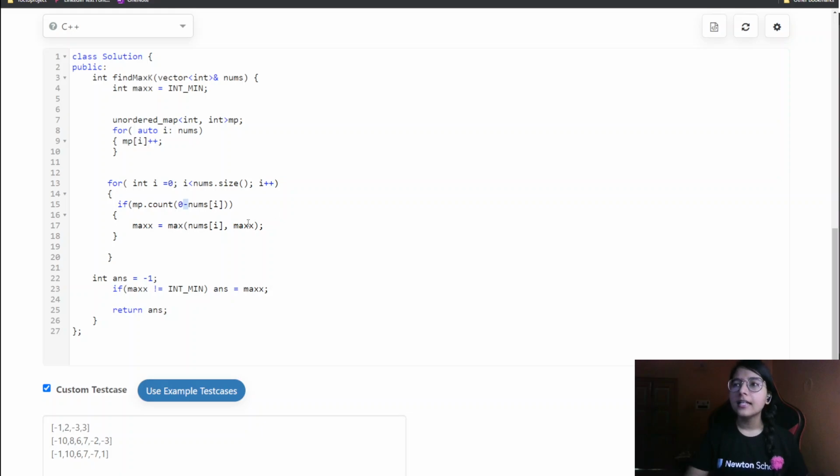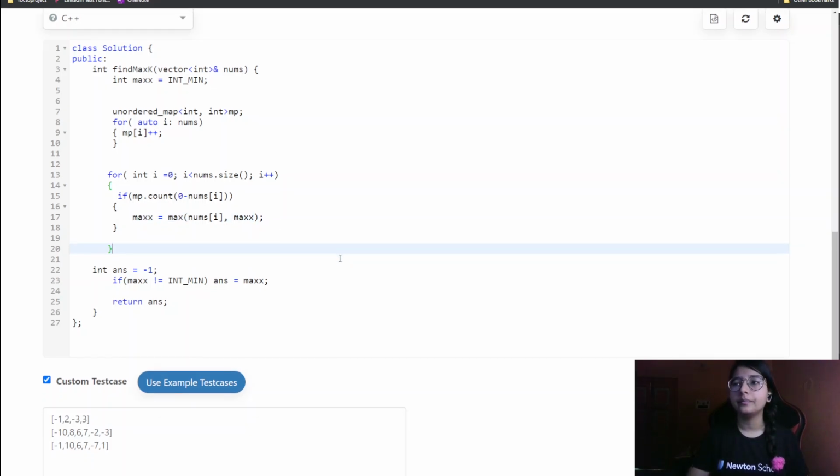If it exists, then we compare the positive number with our answer and update it. And if it is a positive number, that is 1, we negate it so that we can check for its negative part. If that negative part exists, we compare with the number as it is and go ahead. That is what we are doing here.